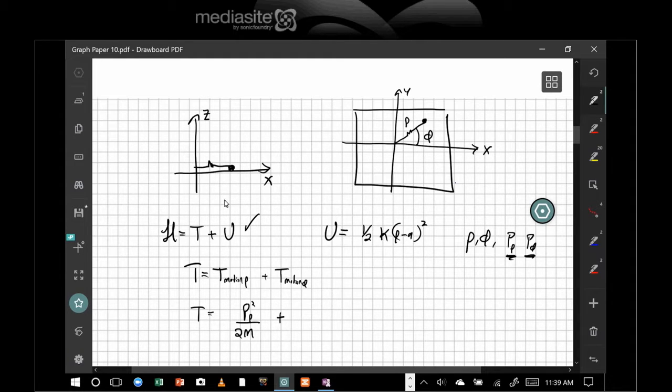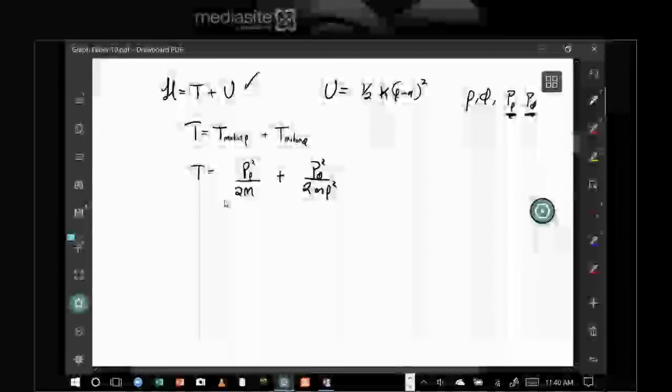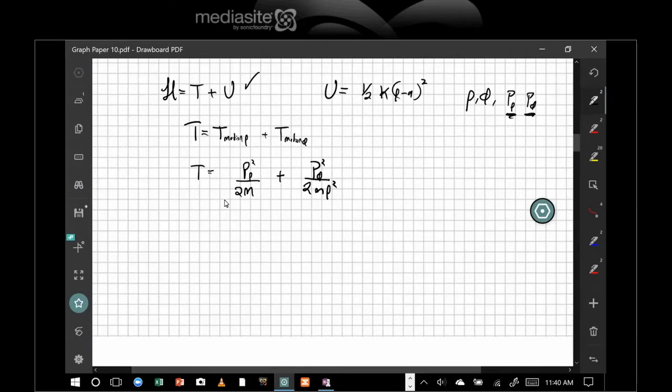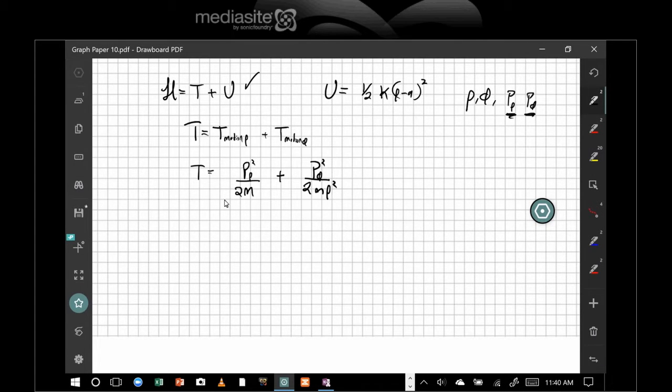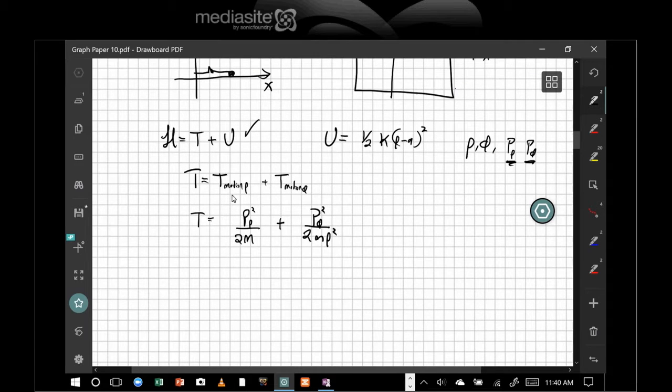And then the kinetic energy associated with motion along phi is going to be p sub phi squared. That's an angular momentum. Instead of 2m, it's going to be 2I, the moment of inertia, which is just this. So that's the kinetic energy right there. Now you can look at my solutions. I actually solved this in a way that's not exactly what I did here.